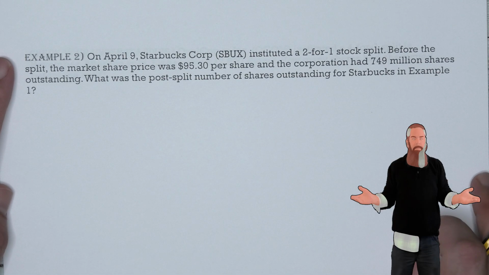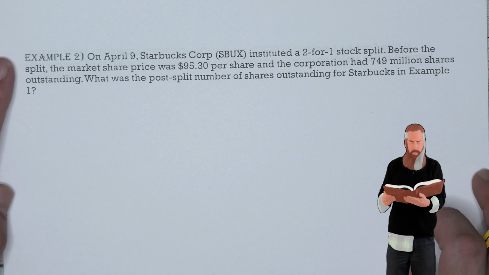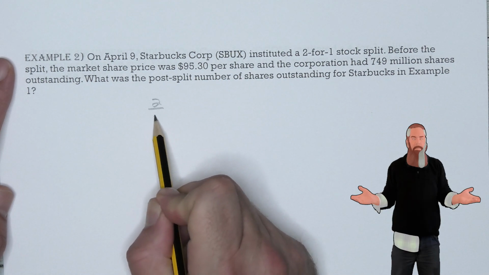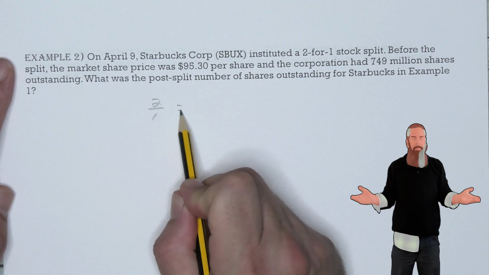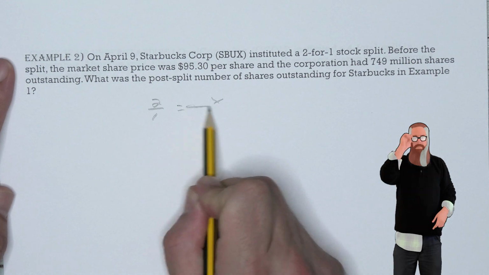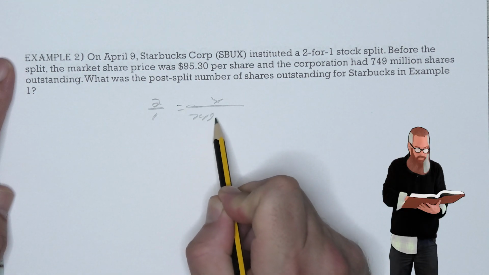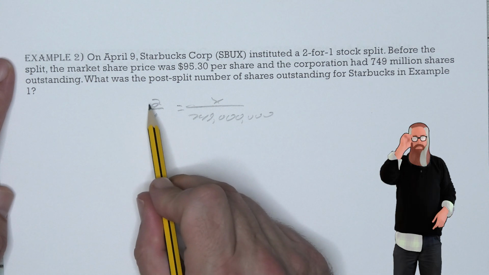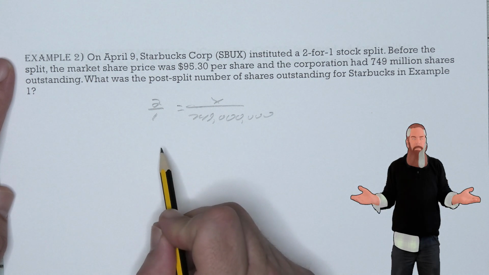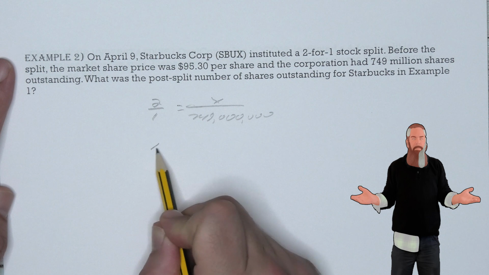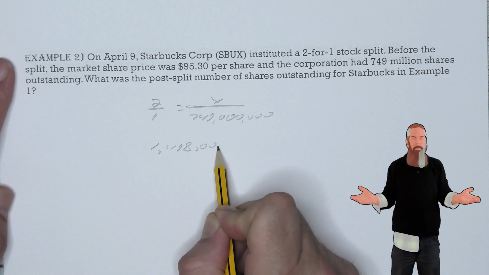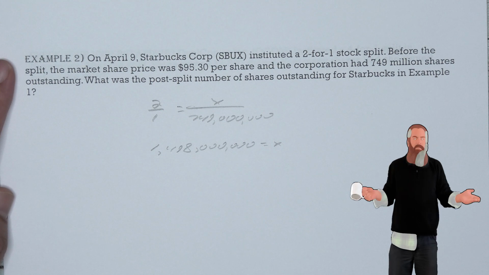So we're going to use a proportion to determine the number of shares outstanding and the shares available. Now, we know we had a 2-for-1 split, and this is going to be equal to X divided by 749 million. This means that when I multiply 2 by the 749 million, I'm going to get 1,498,000,000 shares, or 1.498 billion shares outstanding.